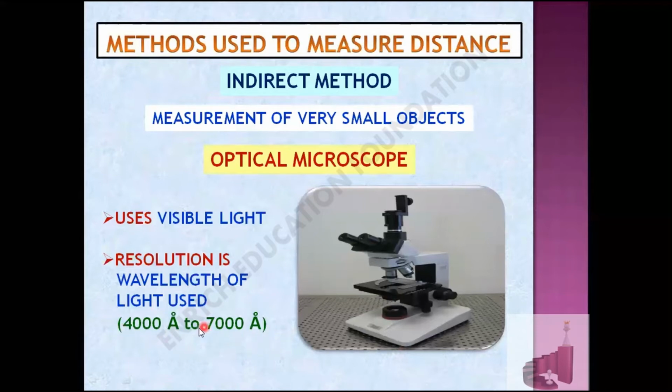This is the range within which the optical microscope can operate, called the resolution of the optical microscope. So we can say the resolution is equal to the wavelength of the light used.